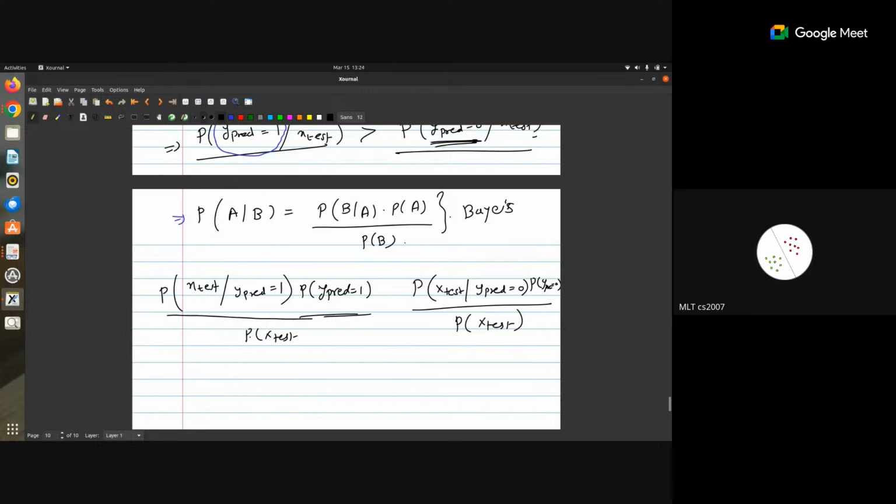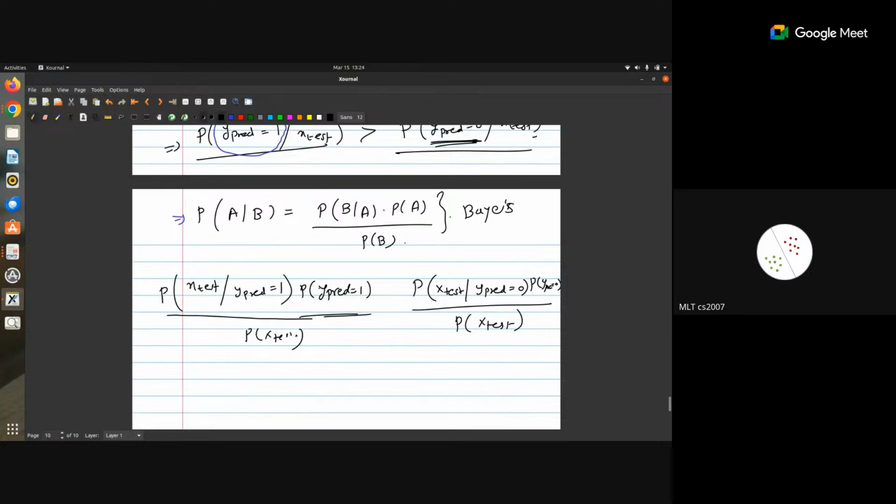If I ignore this denominator while comparing, because anyway I need to compare the numbers, right? Here we are getting probabilities, and we know the probabilities are always between 0 and 1. So if I calculate, some value divided by this value, these are just numbers.